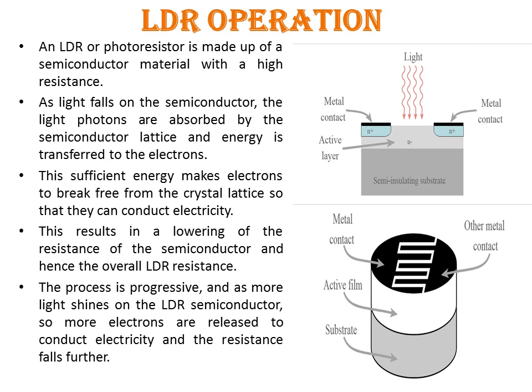So this lowers the resistance of the semiconductor. This process is progressive, and as more light falls on the LDR, more electrons are released to conduct electricity and the resistance falls further. This is the principle of operation of the LDR.